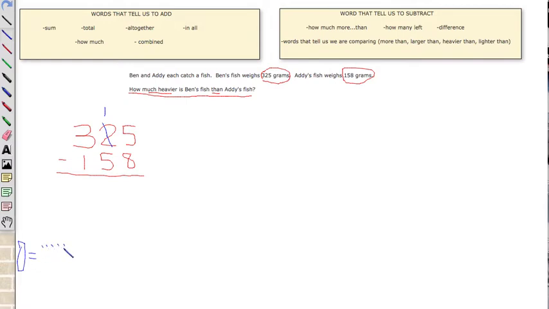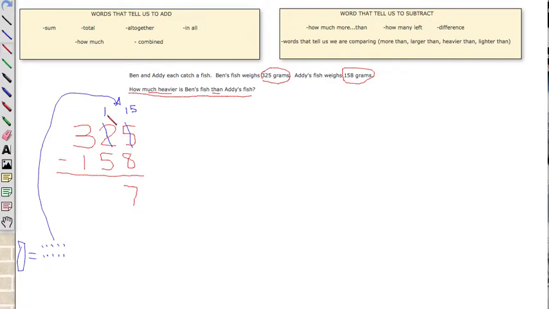These would be like the little centimeter cubes that we have in the classroom. 1, 2, 3, 4, 5, 6, 7, 8, 9, 10. So I am giving these 10 back to the ones. If I take 10 and I put them back over here, I'm going to have 15. So this is no longer 5, this is now 15. All right. So now I can do 15 take away 8, and I'm going to get 7.